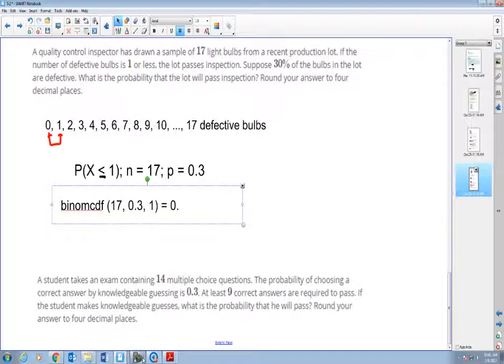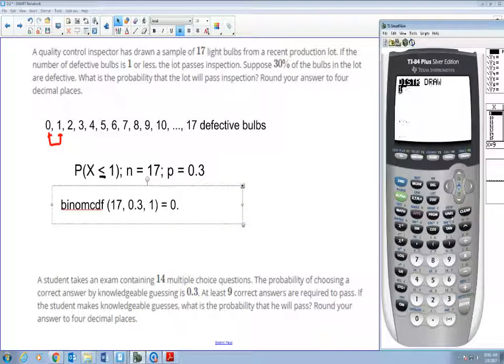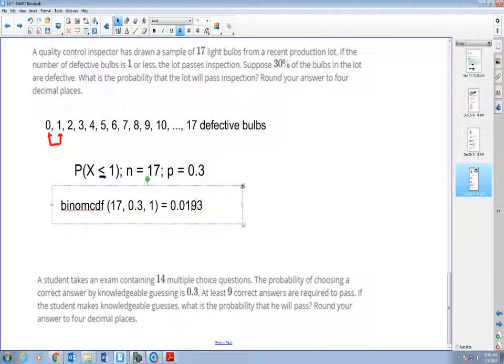Alright, let's type it in and see what we got. 17, 0.3, all the way to 1. So the probability that you will pass the inspection, which is having 1 or less defective bulb, is 0.0193. Alright, that's my answer. Kind of tricky.